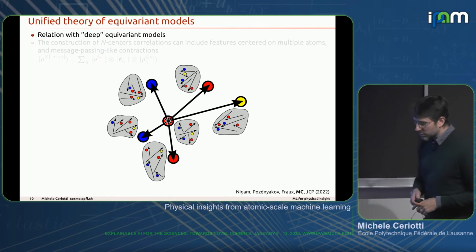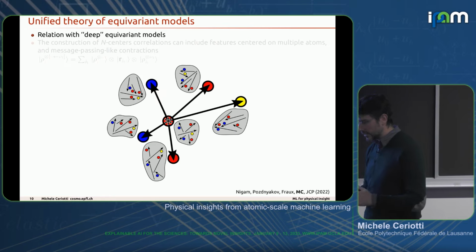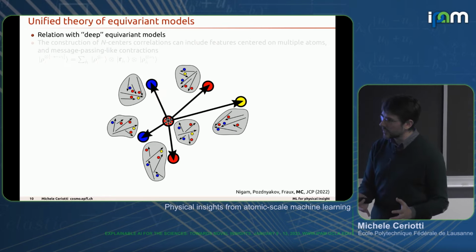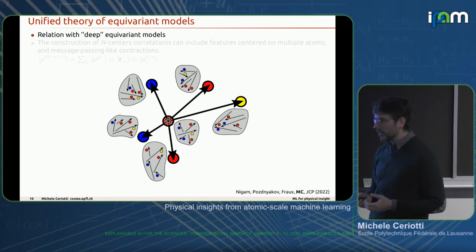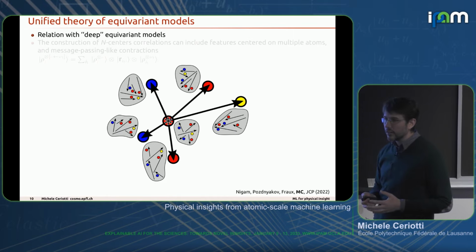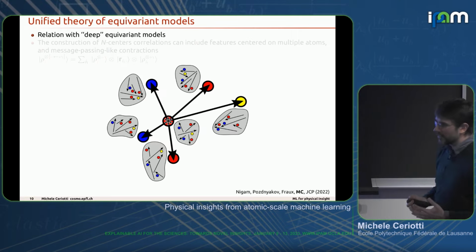Another aspect that I want to stress is that there is a lot of connection between this atom-centered approach and a lot of very recent deep learning approaches, in particular, everything that is an equivariant model is essentially the same thing as this.